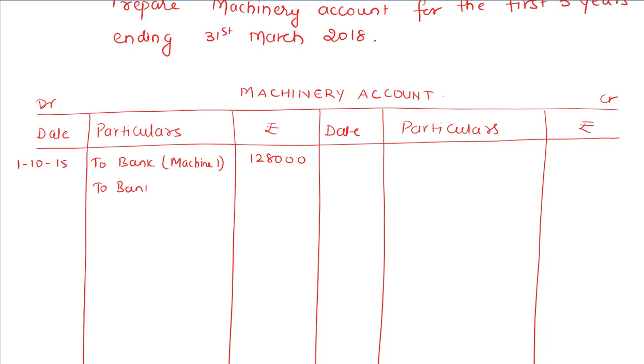Now on this, we have incurred certain expenses. The first expense was 64,000, which is incurred for freight. One more expense is there, that is 48,000 for erection.